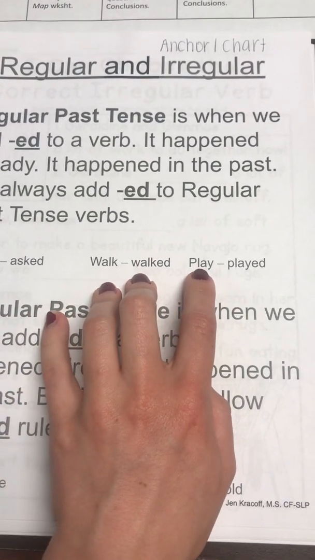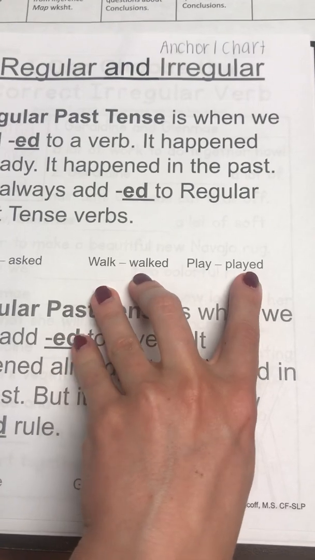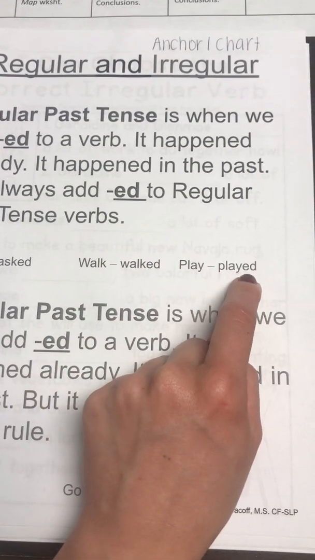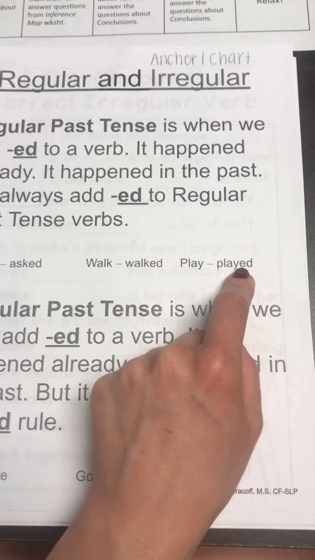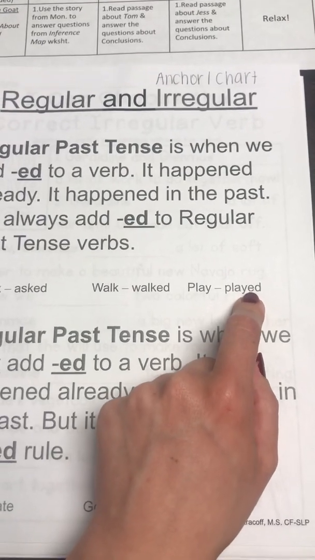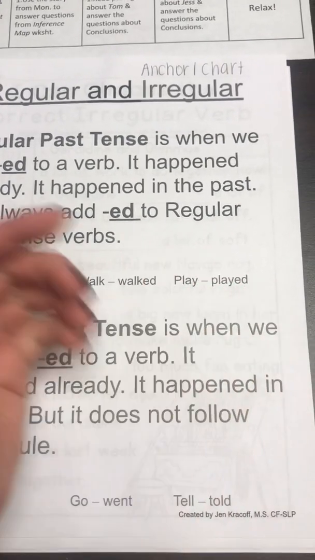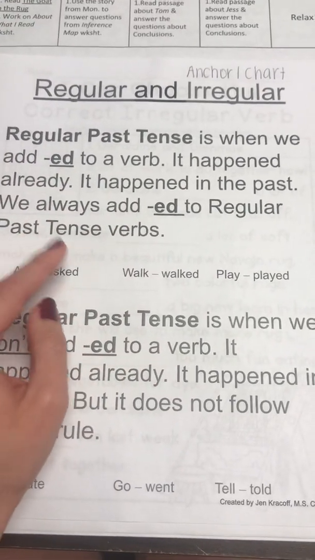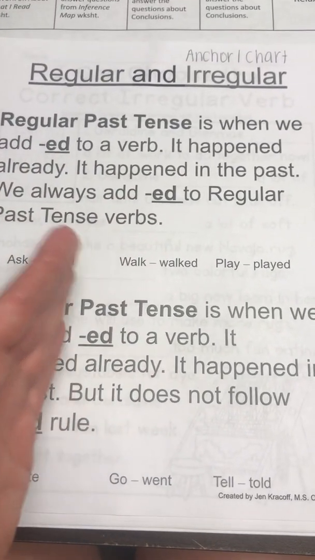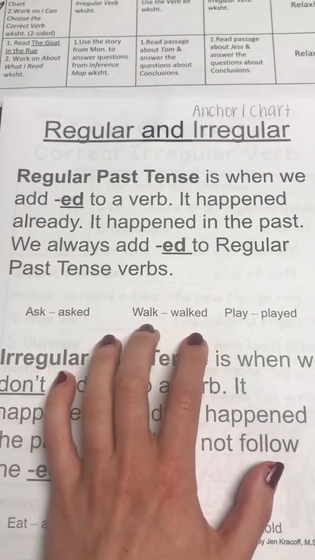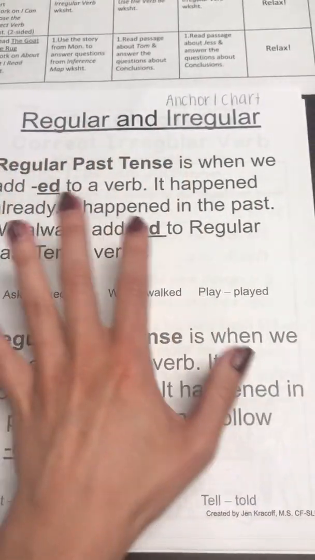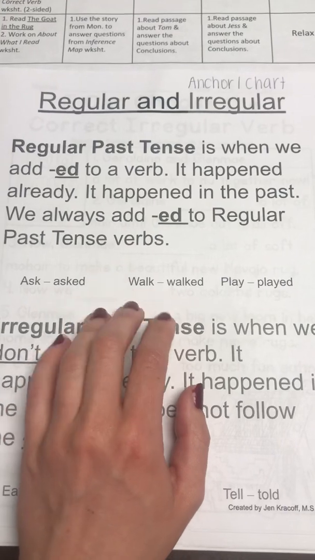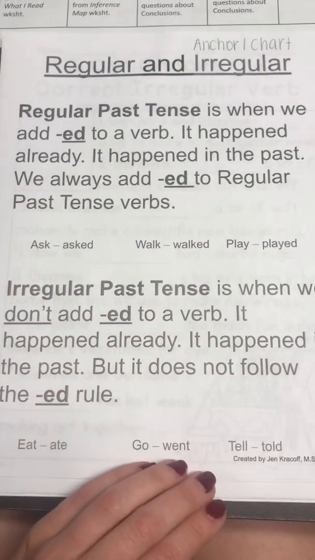Then we have play becomes played, so it makes a hard d sound, okay? And then another one would be id. If I had the word start and then I added ed, it'd be started, so it sounds like id, but we spell it with ed. And I have that fully explained with some details on our website with extra examples.